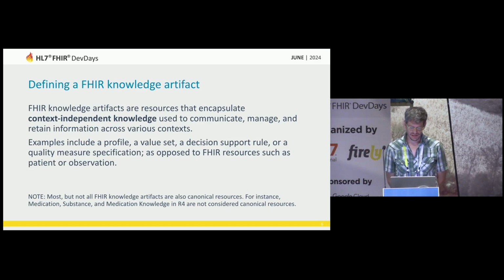An interesting footnote here is that some things we call knowledge artifacts are not canonical resources. Many are, meaning in FHIR they have certain properties, but some actually aren't. There's medication, substance, and medication knowledge that we want to treat as knowledge artifacts that aren't in the FHIR specification as such. And we're going to talk a little bit about that in a few slides.